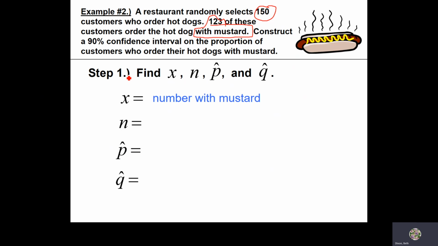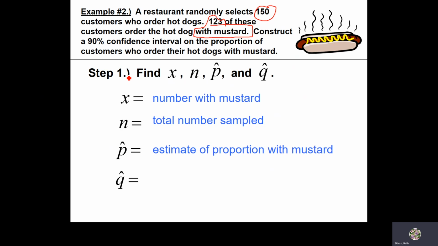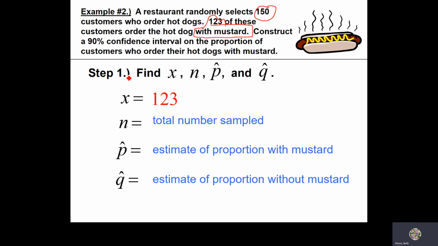So X is the number with mustard, and N would be the total number sampled. P hat would be the estimate of the proportion with mustard, and Q hat would be the ones without mustard. So we know in words what these mean. Then next, we fill in the numbers. 123 have mustard. We sampled 150.